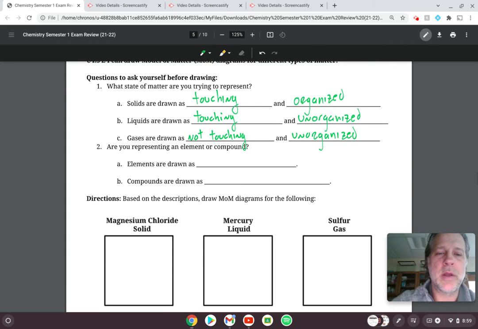Now, if you're representing an element, you would have one shape for the entire drawing. If you were drawing a compound, you would have 2 shapes for the entire drawing, bonded together.